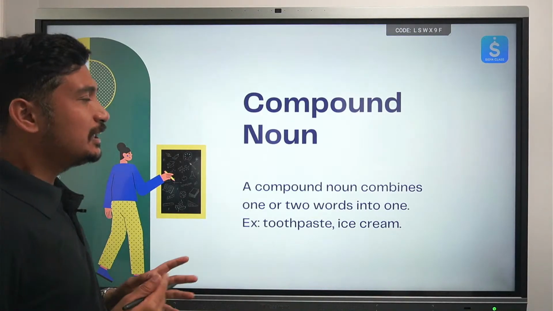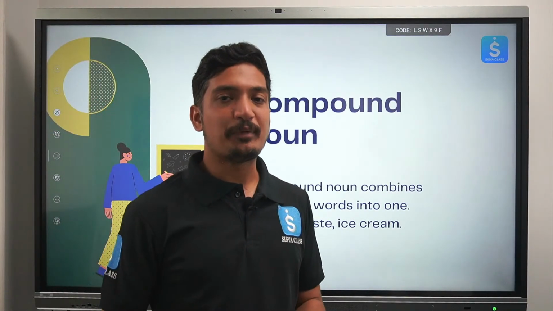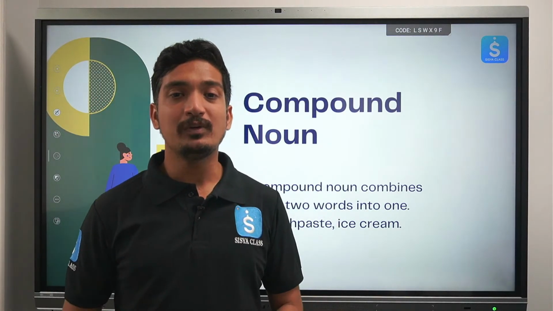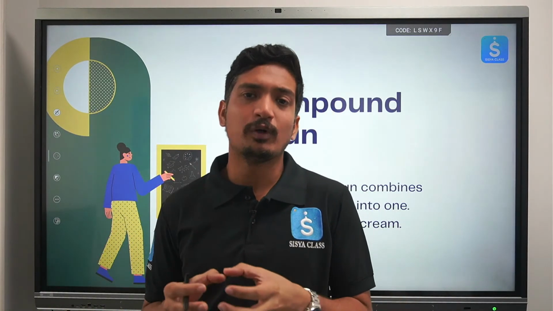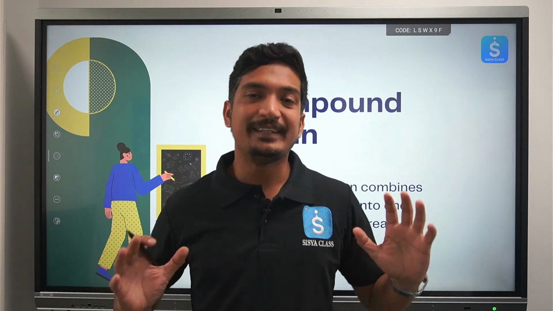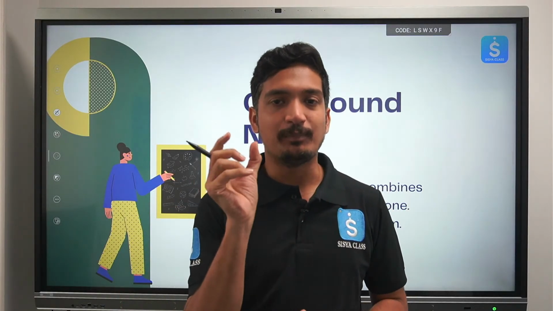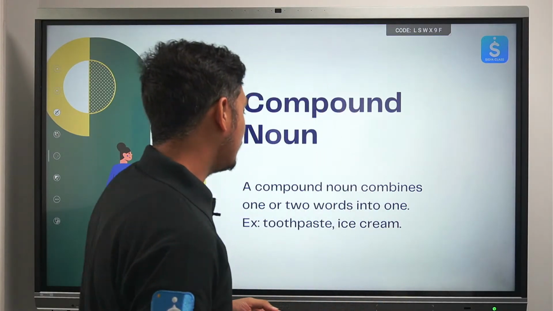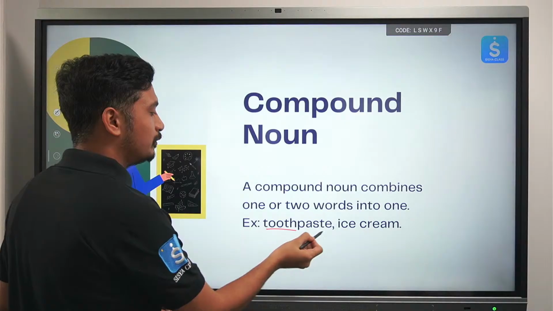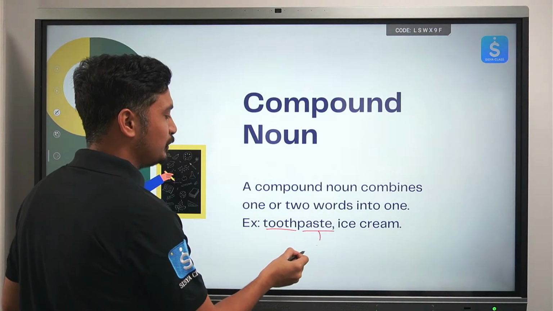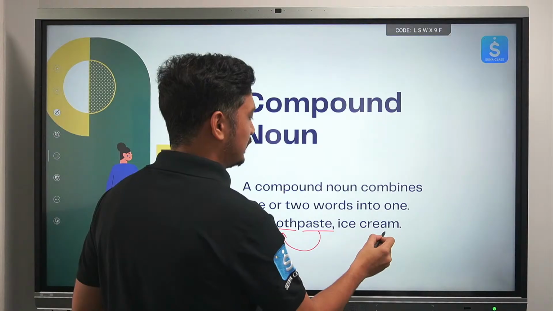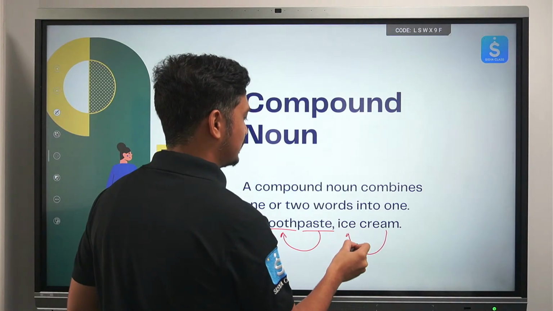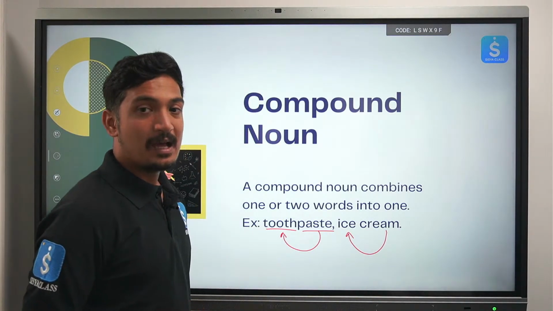Then the last type of noun, and the special type of noun, is actually called a compound noun. Compound nouns are actually made up of two or three different words together, and these words combined will form a single word. Okay, an example of this will be toothpaste. So the paste that we use for our teeth is called toothpaste. Then we have the cream which is iced, so ice cream, right?